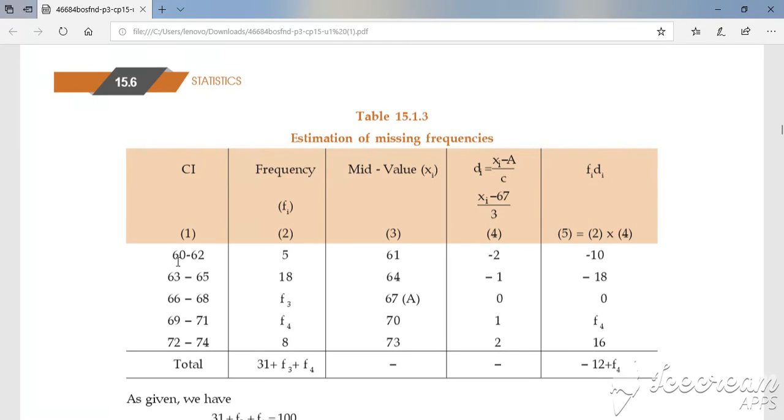The 60 they converted these classes into continuous ones by adding and subtracting 0.5. So 59.5 to 62.5. Here 62.5 to 65.5. Here 65.5 to 68.5 and so on. So they considered this class width as 3.